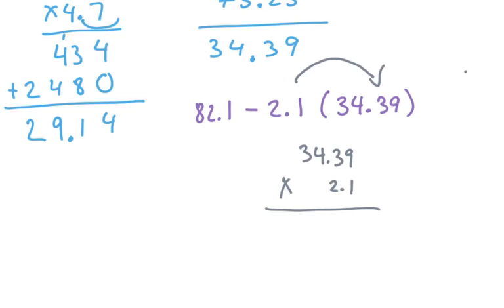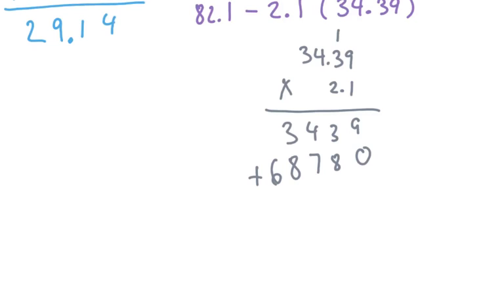1 times 9 is 9. 1 times 3 is 3. Since it's 1, we can just recopy the first number. We're going to put a 0. Then with the second one, 2 times 9 is 18. Carry the 1. 2 times 3 is 6, plus 1 is 7. 2 times 4 is 8. 2 times 3 is 6. And then we add these together. So 9, 11, carry the 1. That's going to be 12.